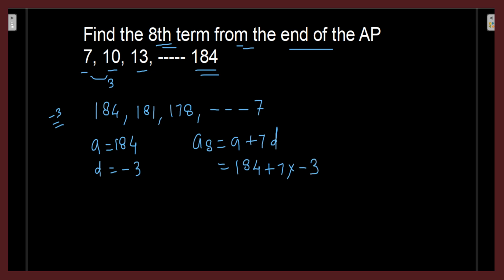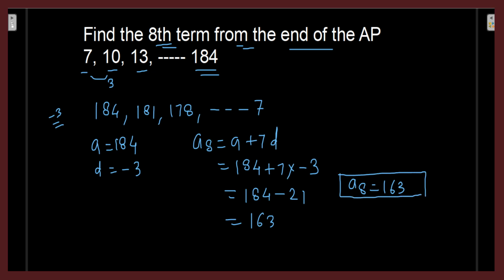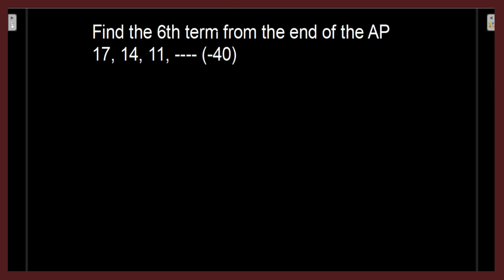So 184 minus 7 3s are 21, and 184 minus 21 is equal to 163. So here friends, you have got a8 is equal to 163. Highlight this and write the answer at the end, that the eighth term from the end of the given arithmetic progression is 163. Now let us move to the second question.